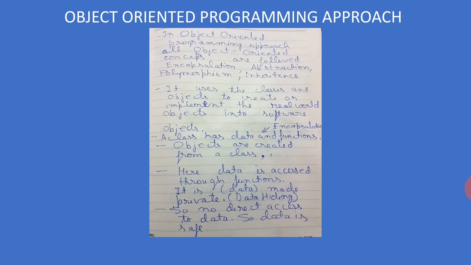We can create as many objects as we want from that class, pen 1, pen 2, pen 3, whatever the name we want to give, but they all will be of pen type, so they will be pen. So those objects will be called software objects. So that is a connection between the real world object and the software object.